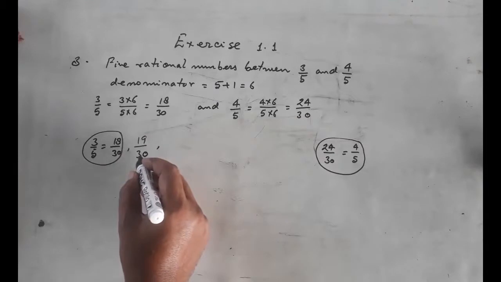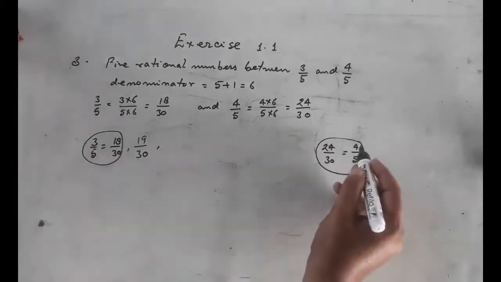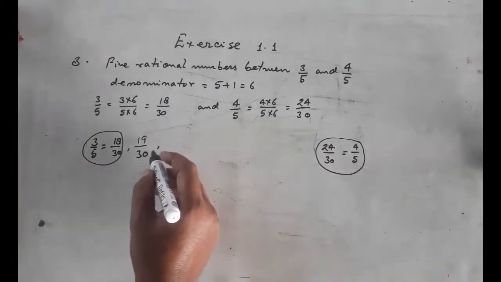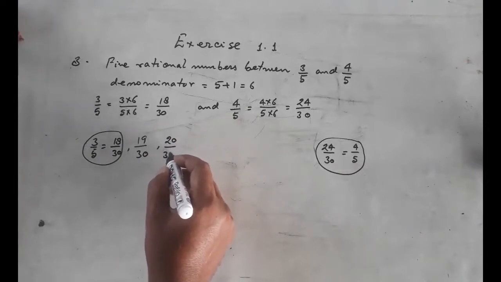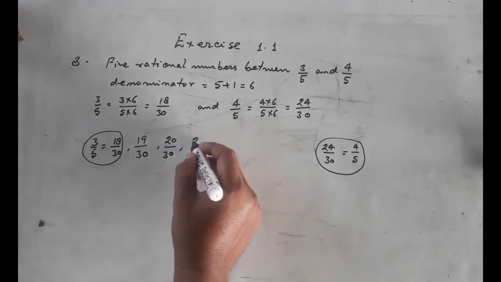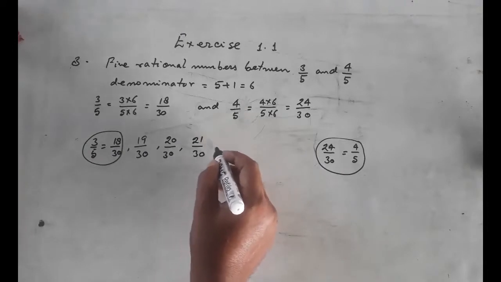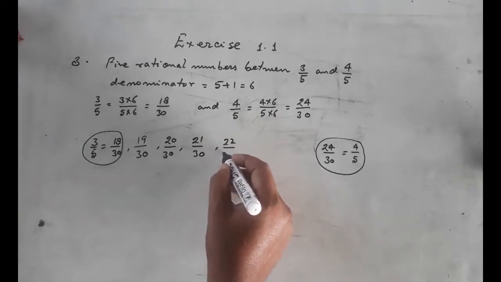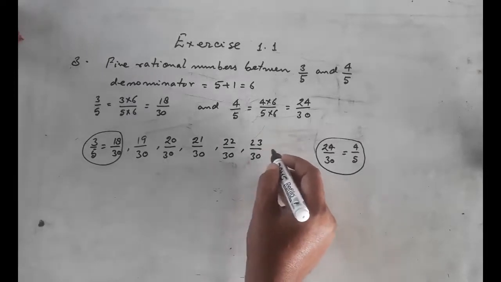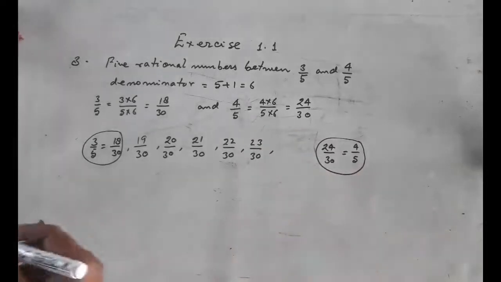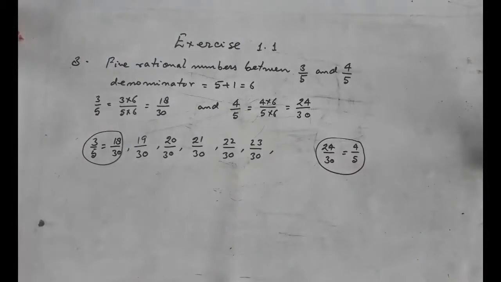That is your first rational number between 3 by 5 and 4 by 5. Next is 20 by 30, 21 by 30, 22 by 30, 23 by 30, and next is 24 by 30.